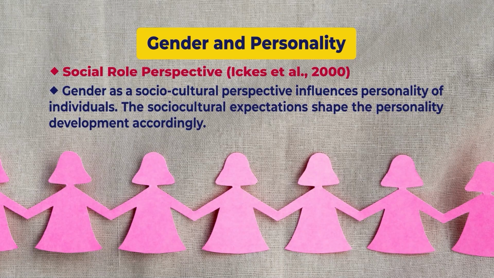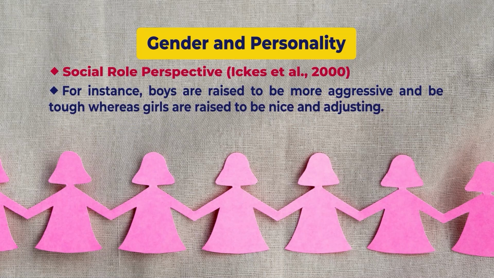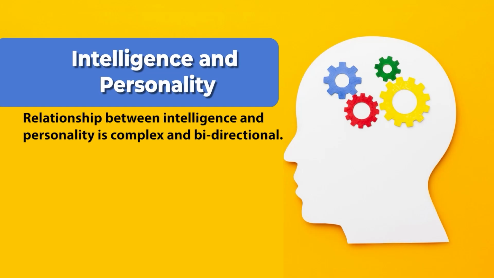Gender as a socio-cultural perspective influences personality of individuals. The socio-cultural expectations shape the personality development accordingly. For example, boys are socialized or raised to be more aggressive and be tough, whereas girls are raised to be more nice and adjusting.